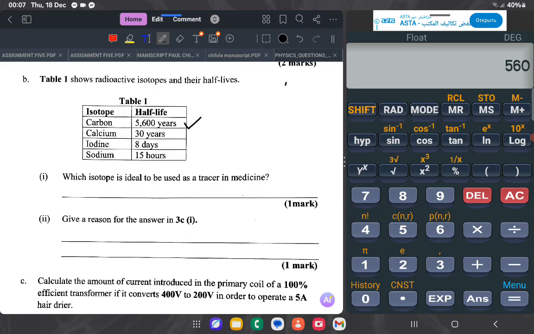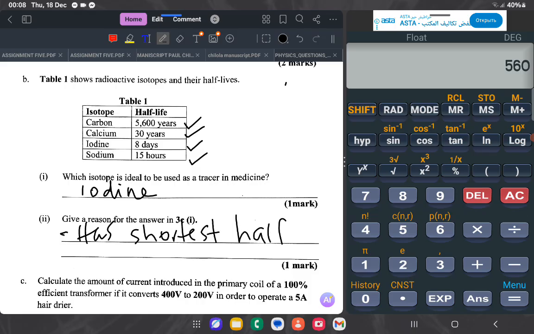Calcium has 30 years. Iodine has 8 days. Sodium has 15 hours. All right, so in this case, it is iodine, because it has the shortest half-life.